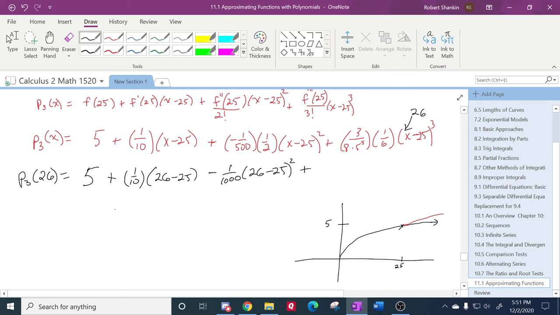And now let's check this out with the calculator. I'm going to take the square root of 26. The square root of 26, according to my calculator, is 5.099019514.